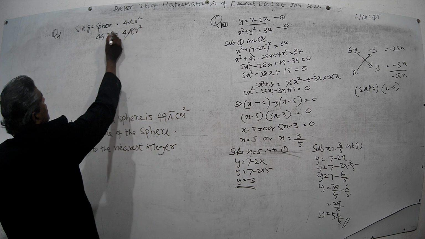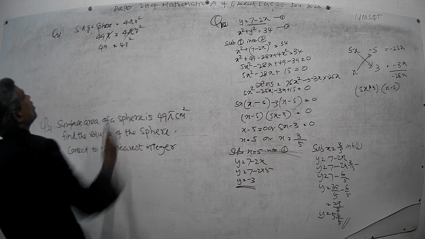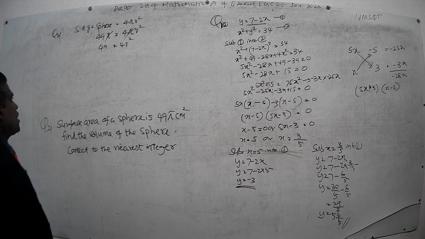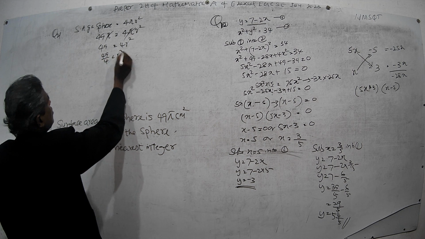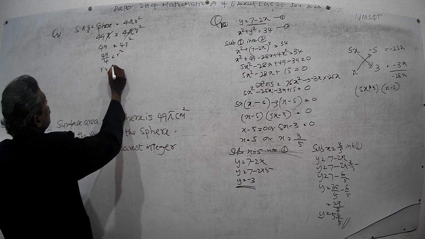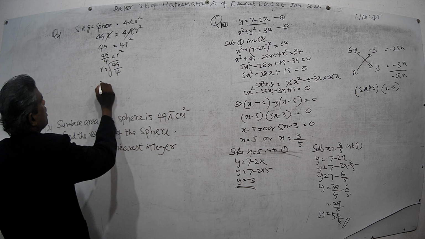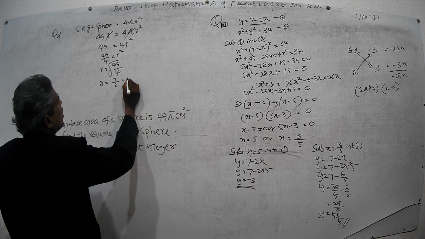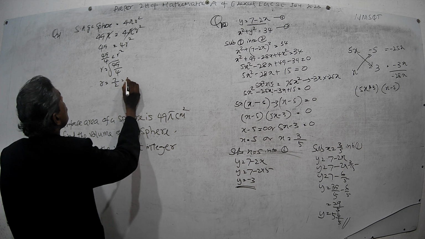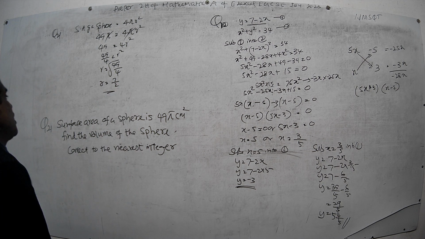Then pi cancels. Then 49 equals 4 r square. Then take 4 to this side: 49 over 4 equals r square. Then r equals the square root of this whole thing. R equals 7 over 2. Yes, we leave it as r equals 7 over 2.